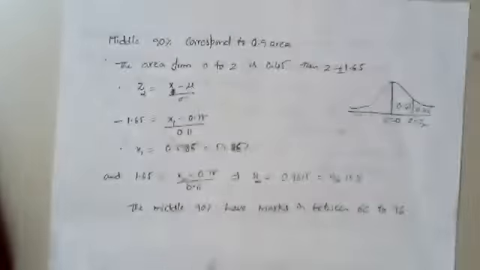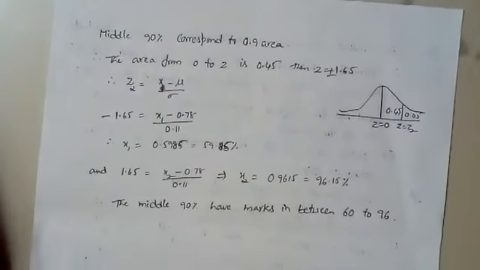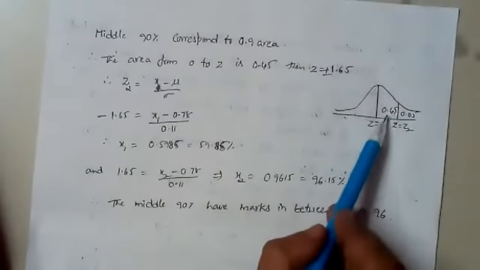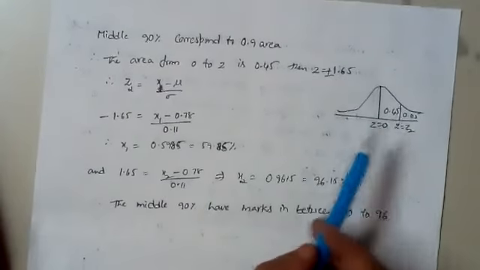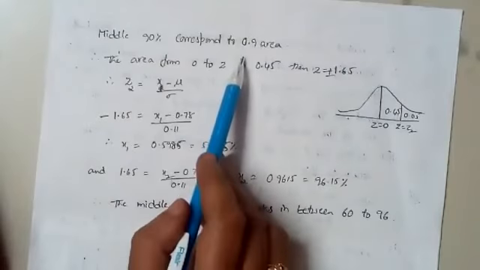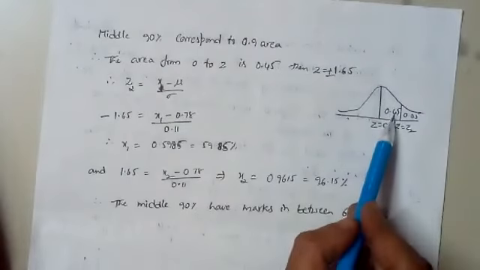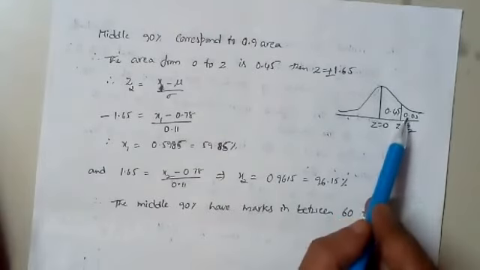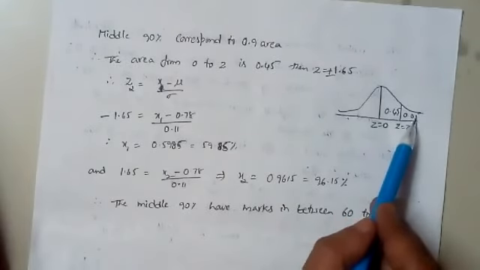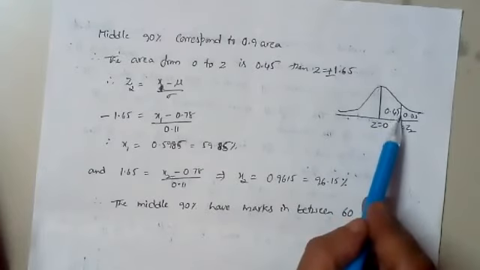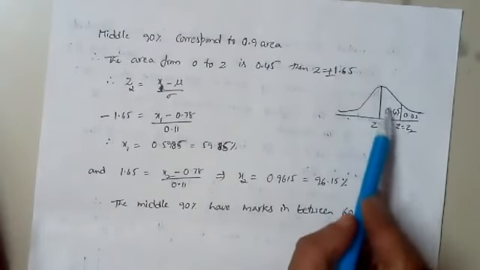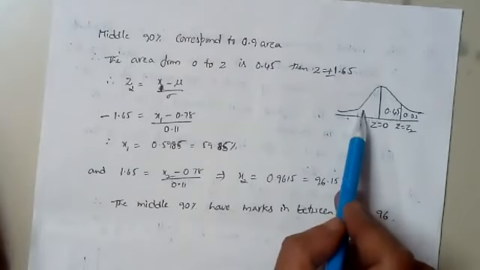Half of that area is 0.45. If you got this one as 0.45, the remaining part will be 0.05. Why? Because this half part of the normal curve is 0.5, symmetrical part. So this is 0.5 and this one is also 0.5.